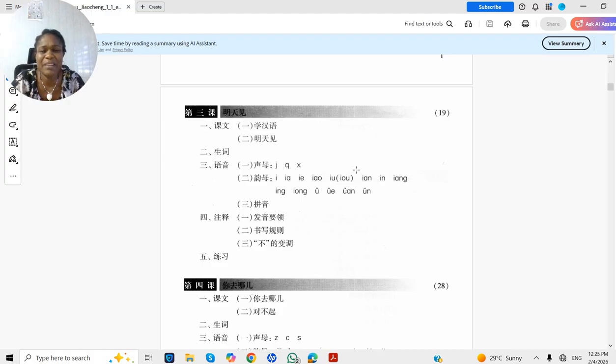And because of the similarity of the pronunciation, for example, zhi, sometimes you could mistake it for ji, because when you say ji, if you use the tone, it can be ji, ji, ji, ji. Now, zhi is almost the same pronunciation, but if you know how to pronounce the zh, it is different from ji.